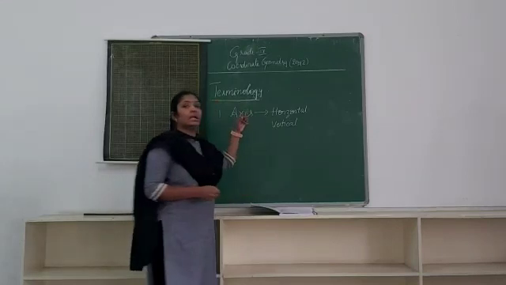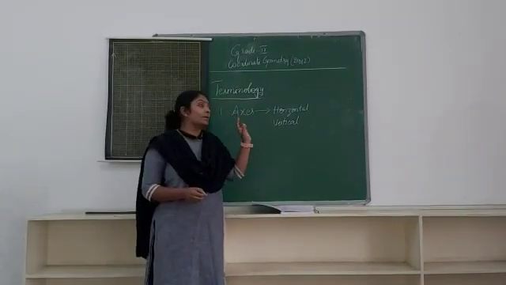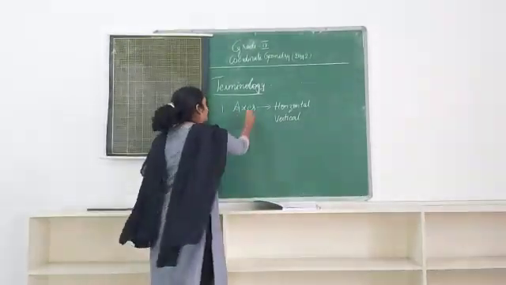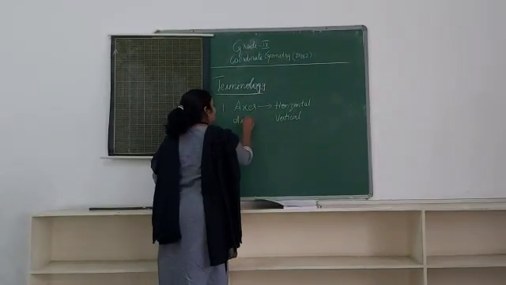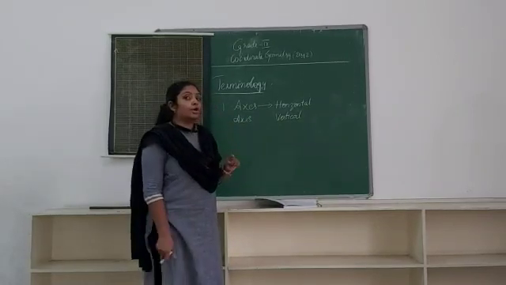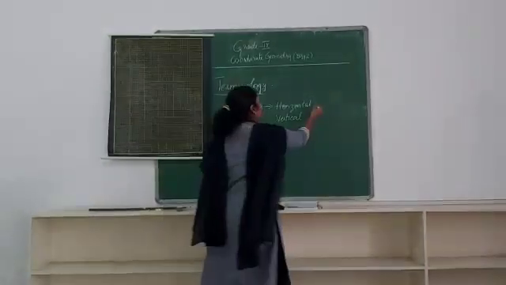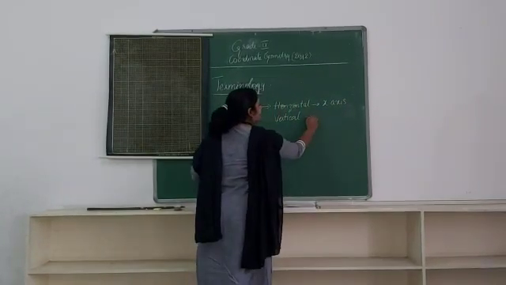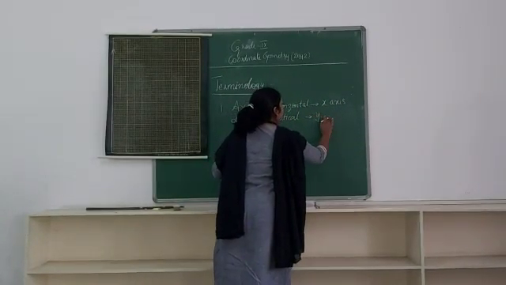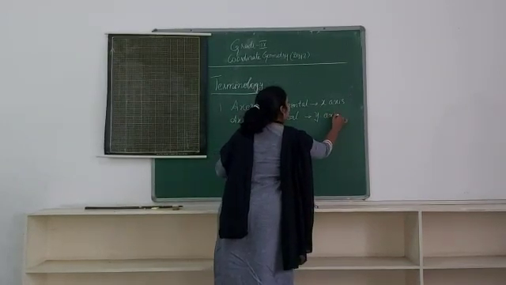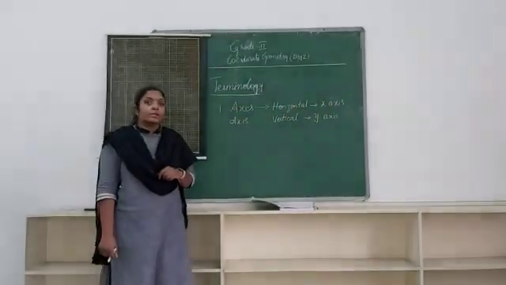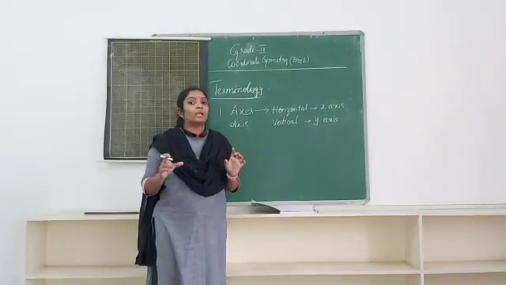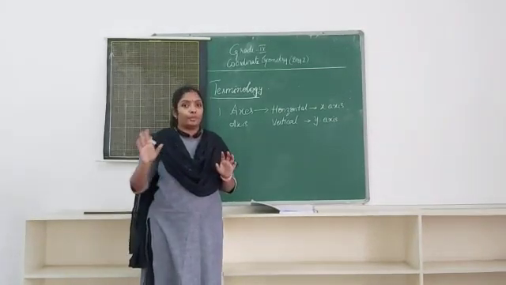Both together are called axes; axes is the plural form of axis. The horizontal axis is named the x-axis and the vertical axis is named the y-axis. With respect to the x and y axes, we will be locating any point or object.